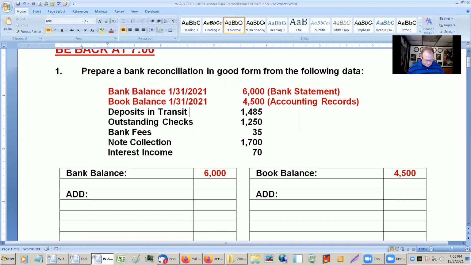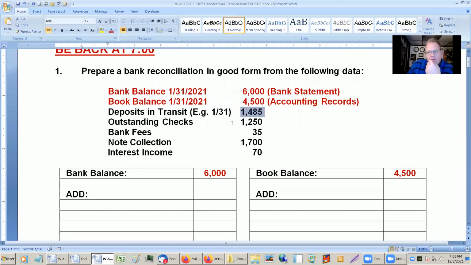For instance, if you made a deposit in the bank on 1/30, at the end of the last day of the month, you go to the bank, you make this deposit on January 31st at 5 o'clock.